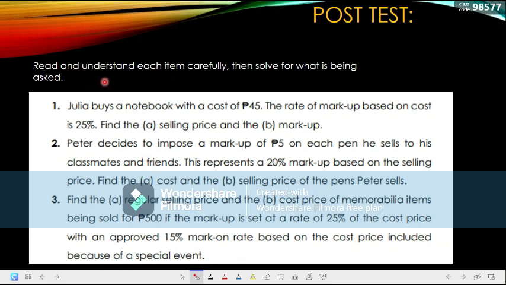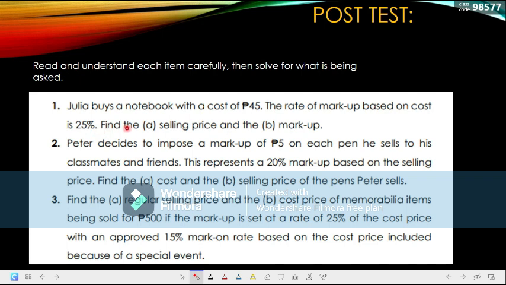Okay, read and understand each item carefully, then solve for what is being asked. Number 1. So you are going to answer this on your business math activity notebook. Number 1. Julia buys a notebook with a cost of 45 pesos. The rate of markup based on cost is 25%.